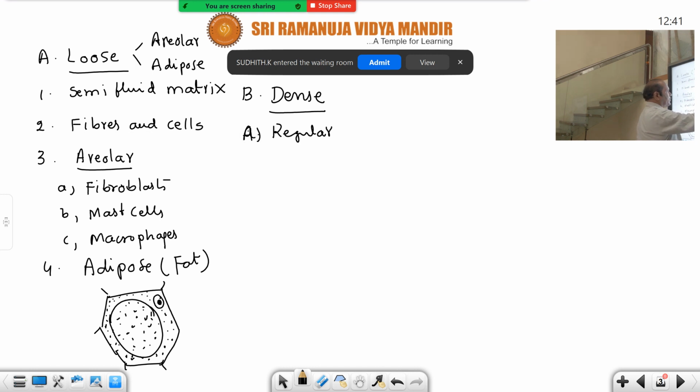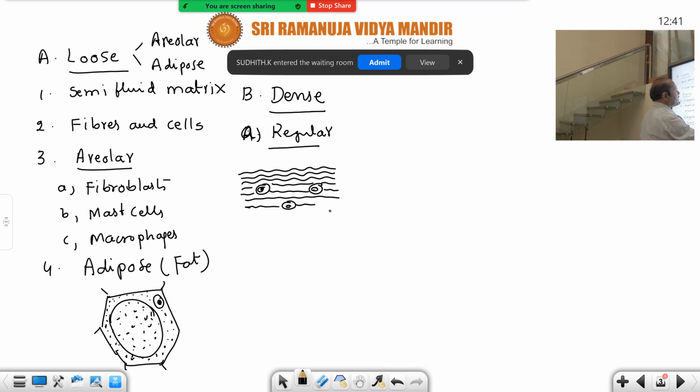Regular dense fibrous connective tissue. Fibrous also you must add: dense fibrous regular connective tissue. In this, the fibers are arranged parallel, in a systematic manner. This diagram also will be given, and these are the fiber producing cells here and there, and all these are what? Collagen fibers.